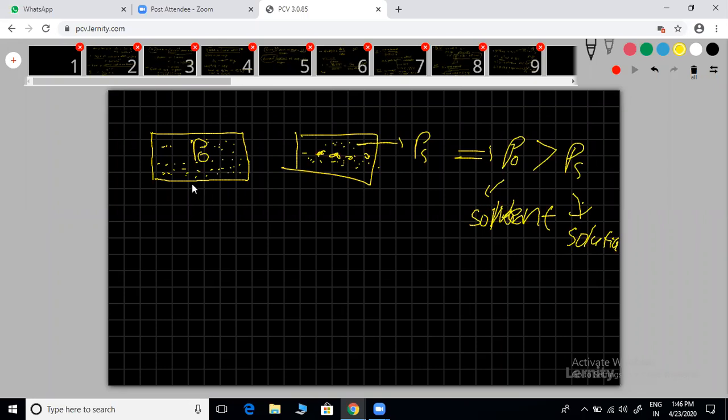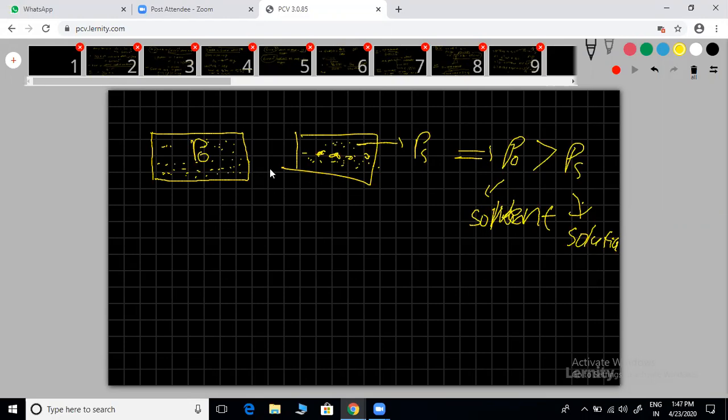Next, we are going to discuss Raoult's law. According to Raoult's law, if two or more volatile liquids are present in the solution, the partial vapor pressure of any liquid in the solution equals the product of the mole fraction of that liquid in the solution and its pure vapor pressure.